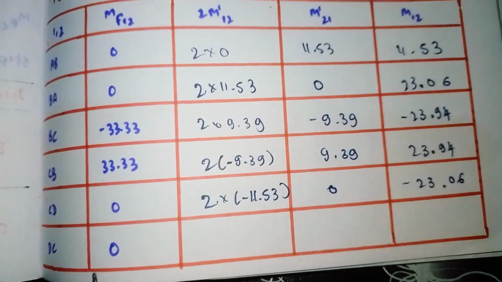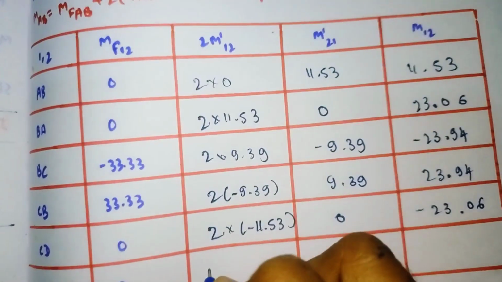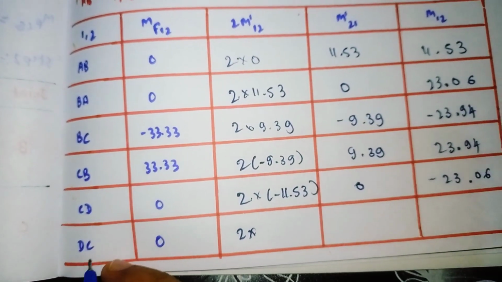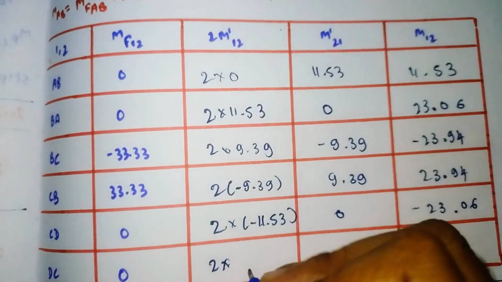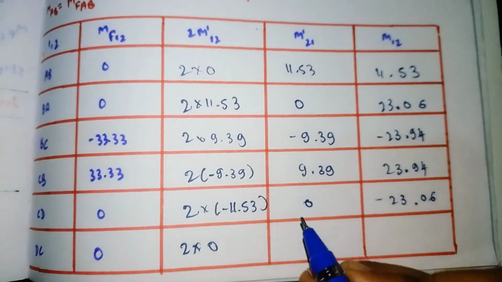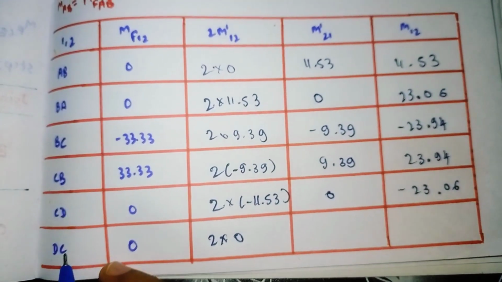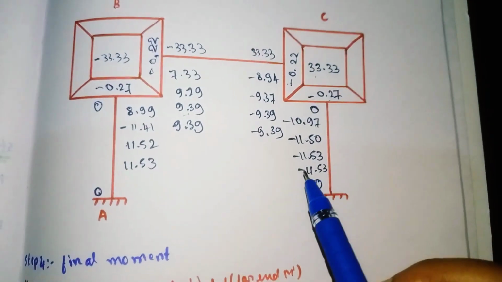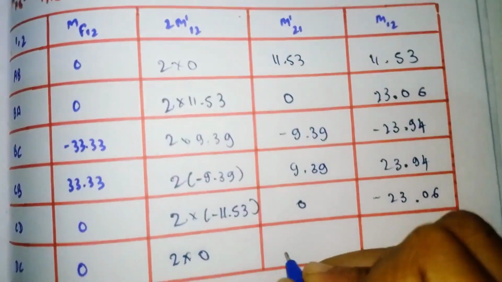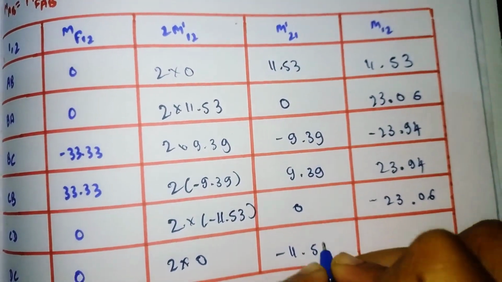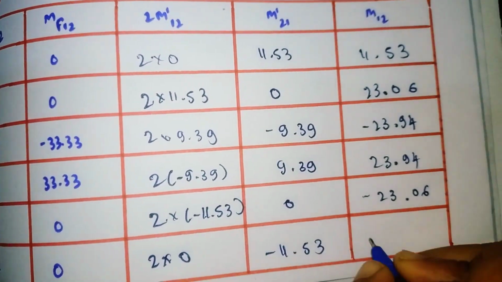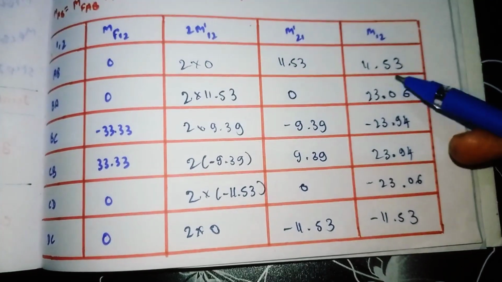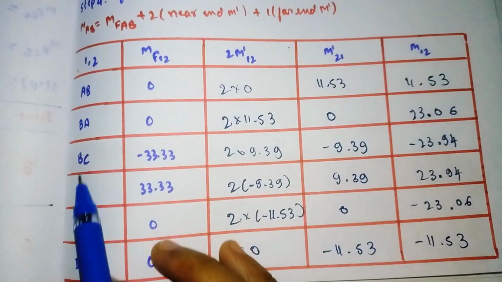Similarly for DC, the rotation factor of DC, there is no rotation factor. Keep it as 0. And M plus 2 1 is nothing but the rotation factor of CD we got was minus 11.53. So minus 11.53. Now add these 3. It will come out as minus 11.53. So these are our final moments of the corresponding members.